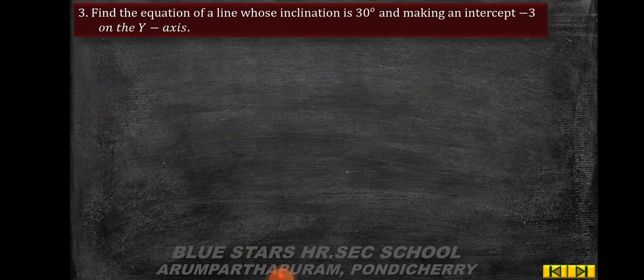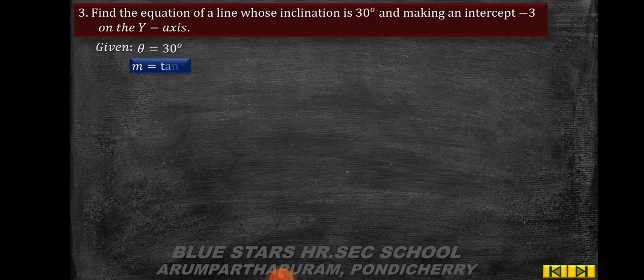Next, problem number 3. Find the equation of a line whose inclination is 30 degrees and making an intercept of minus 3 on the y-axis. So here the given theta value is 30 degrees. Inclination is nothing but theta.